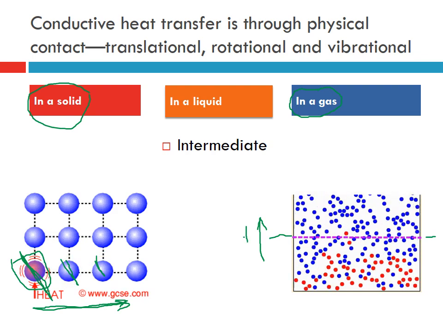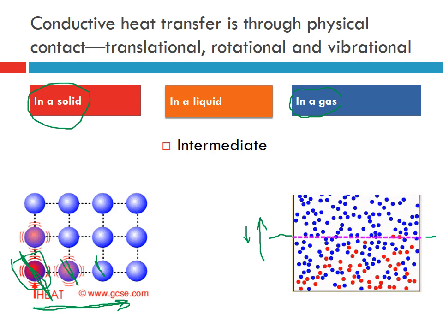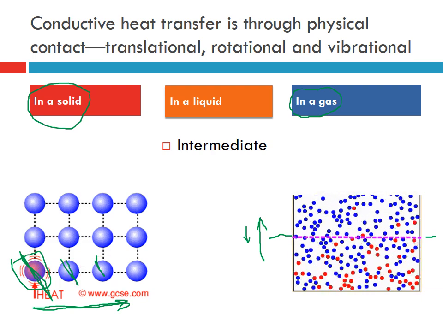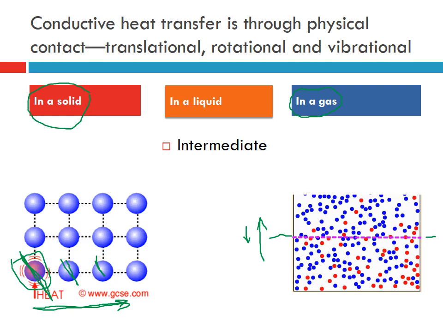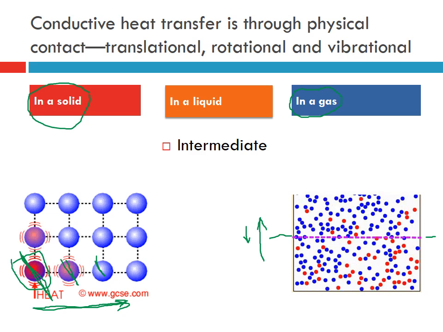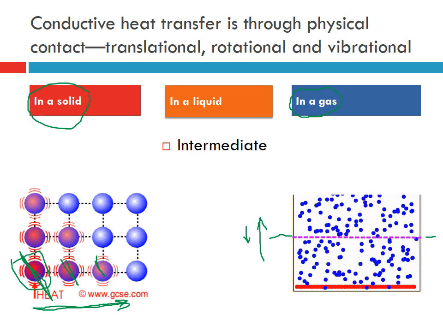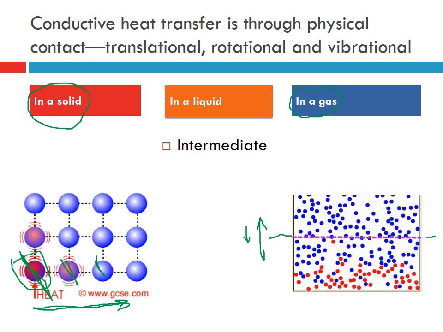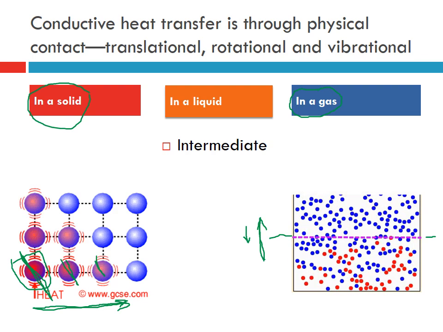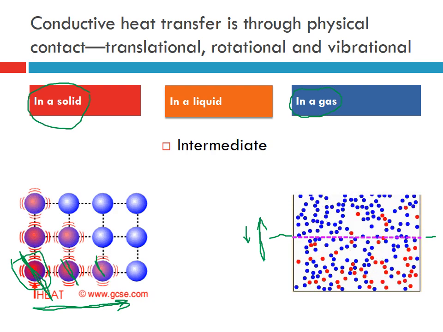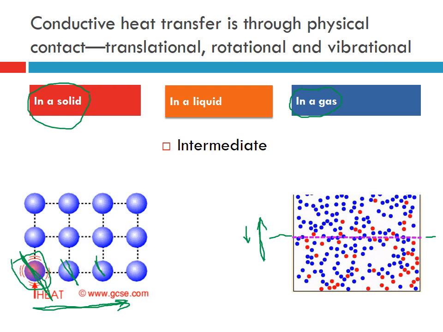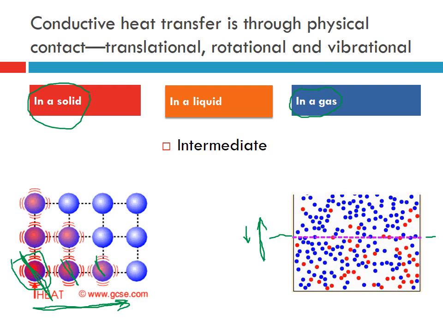Remember, the movement is random, so the red molecules can go through it to the top or in the other direction. But there will be more going toward the top than going the other direction. Why? Simply because there are more of the red ones in the lower side.